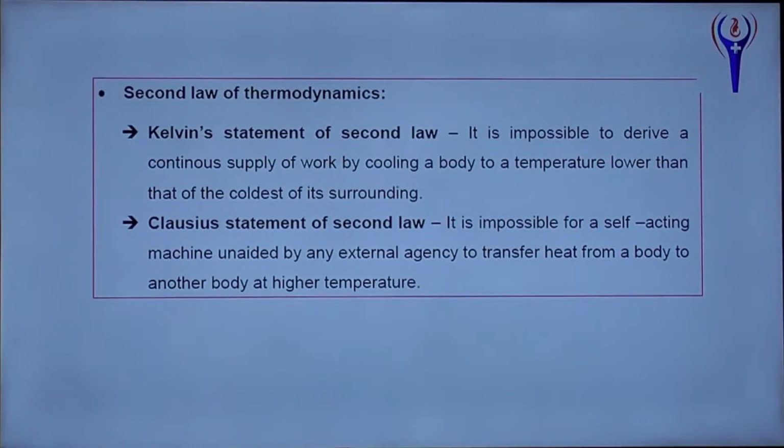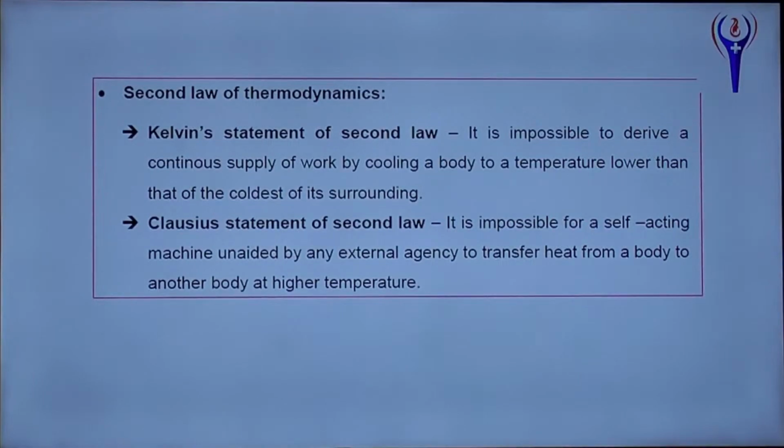Apart from the freezer, in other areas it may be 5 degrees Celsius or 10 degrees Celsius. Less than room temperature. So the temperature inside a refrigerator is less than the surrounding temperature.